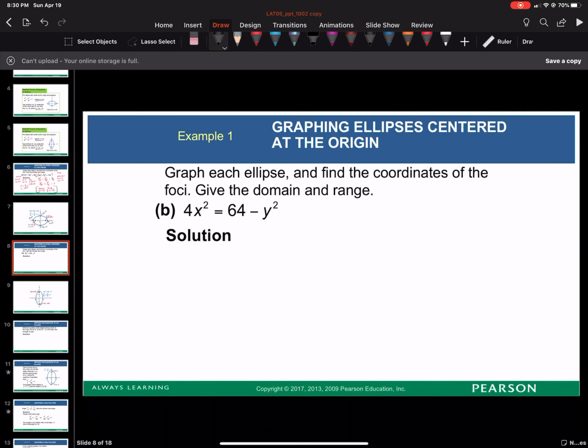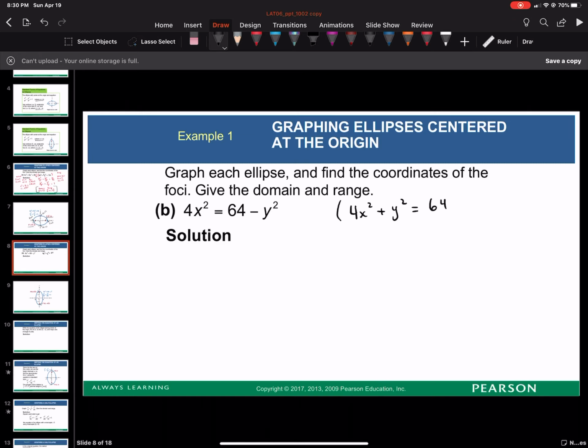Let's look at this one. First we have to rearrange some things. So therefore, we have 4x squared plus y squared is equal to 64. All I did is add the y squared to the other side.